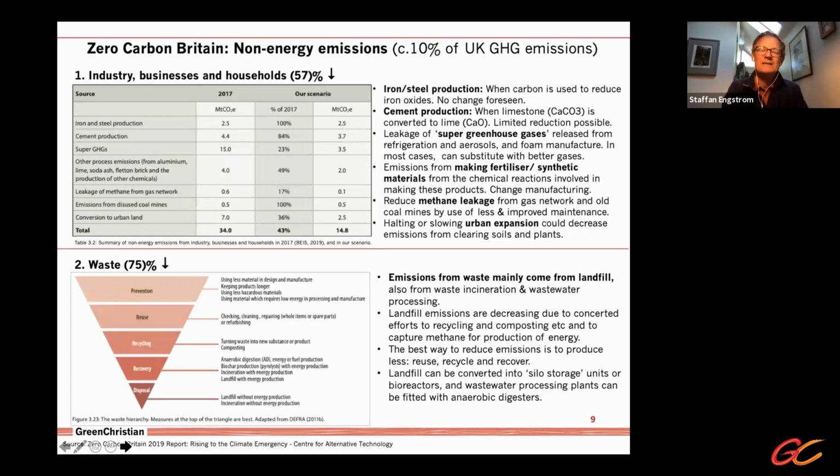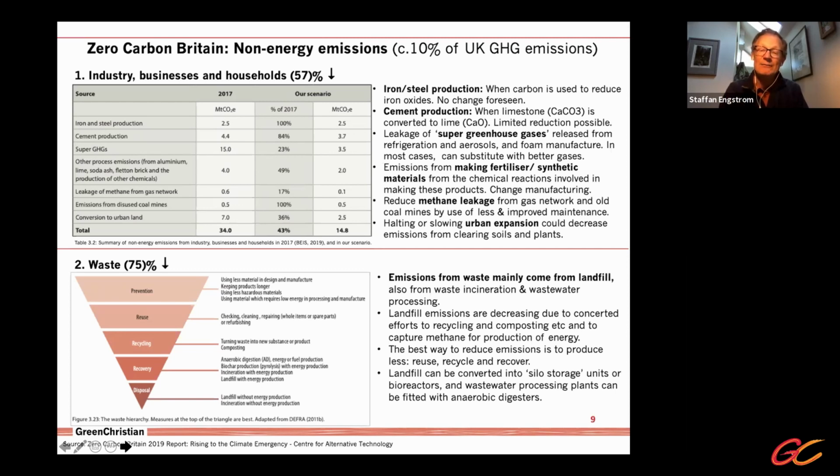I'm not going to spend ages on the non-energy emissions. This is more information and understanding of the overview. But to understand that iron, steel, cement, and greenhouse gases, super GHGs, you know, the kind of things that are in our refrigerants, etc., are a major issue that need to be and can be managed down. And they give a game plan for how that can happen.